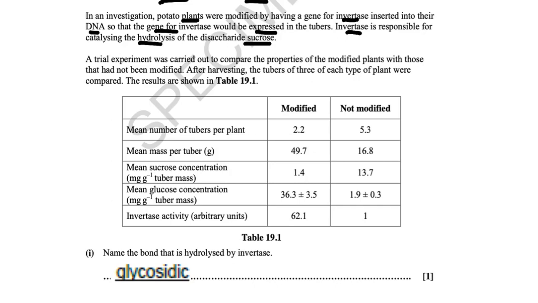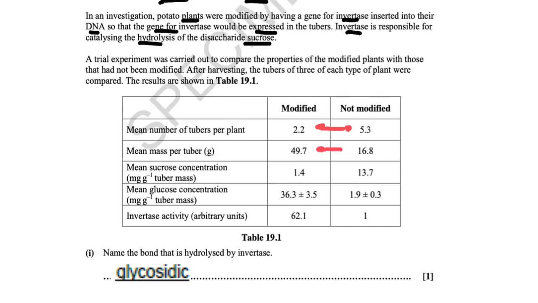Mean number of tubers per plant: there are fewer tubers in the modified than in the not modified, about half the number. The mean mass of each tuber, however, is much greater, about 3 times the mass in the modified than in the not modified. There's a big difference in the sucrose concentration: it's about 9 times less in the modified than in the unmodified.